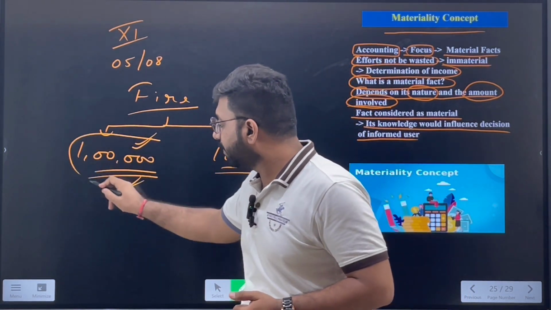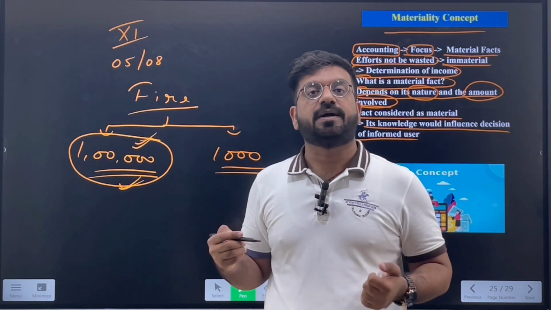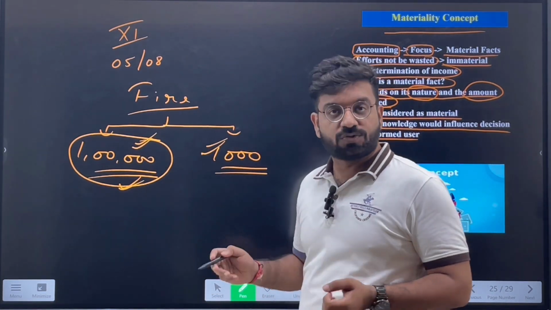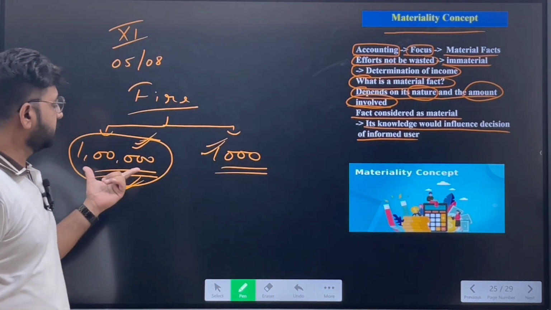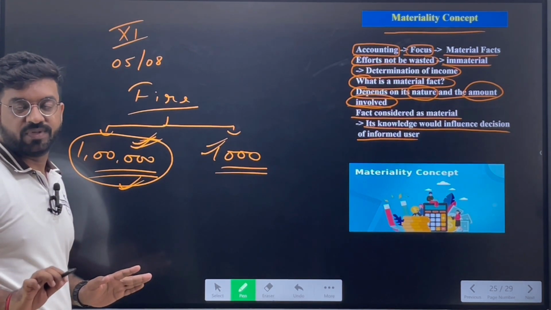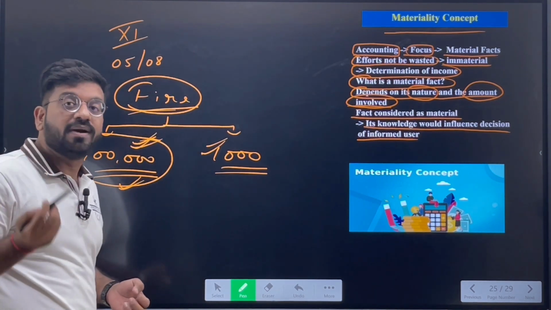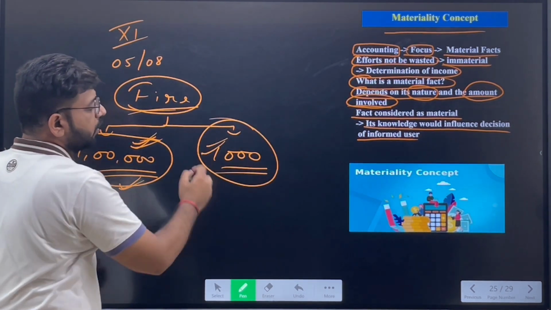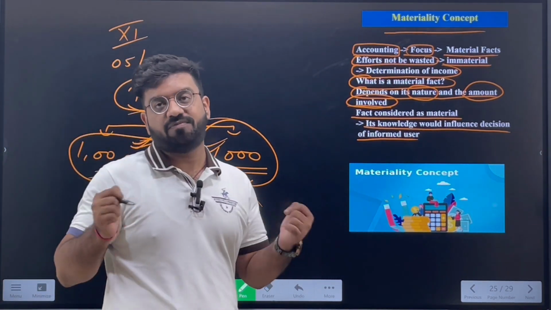So these are the material facts where the amount is much higher as compared to this one. So it totally depends upon the nature and the amount. As I just gave you the example for 1 lakh, it is of much relevance. So it is a material thing, and the fire thing is also a material thing, but the amount was low. This won't be recorded, but this would be recorded as the material fact.